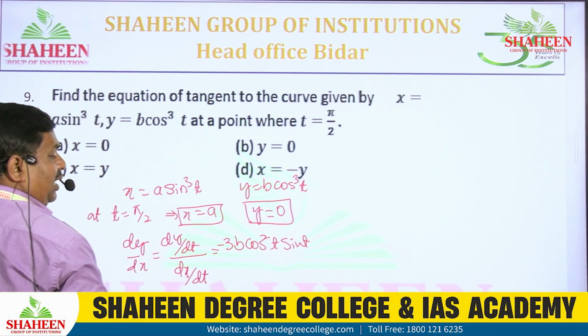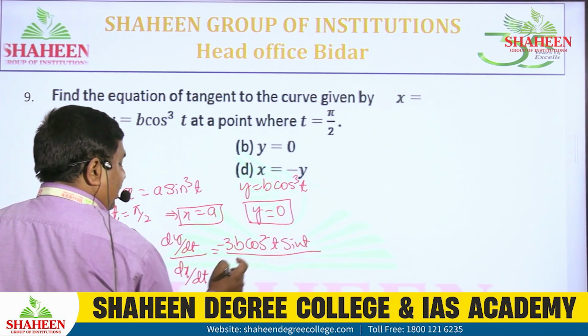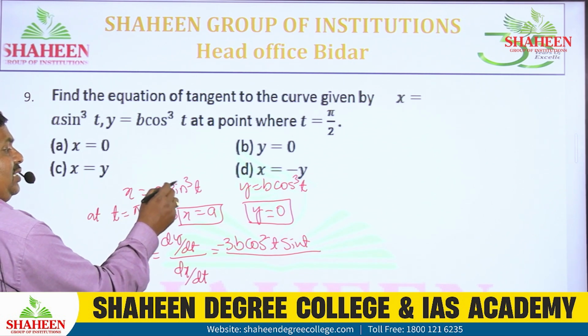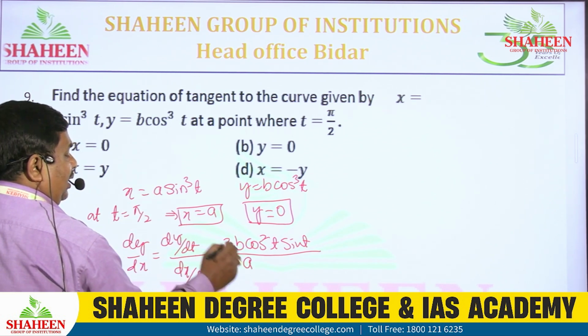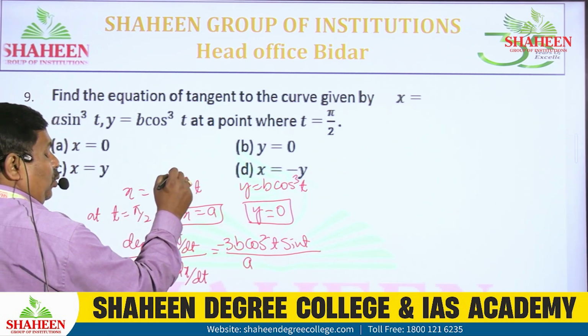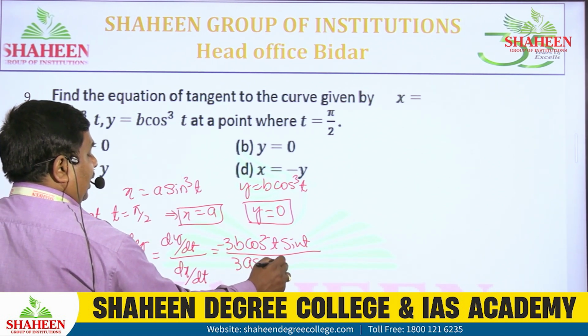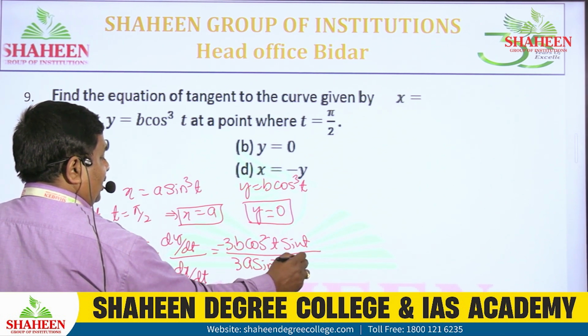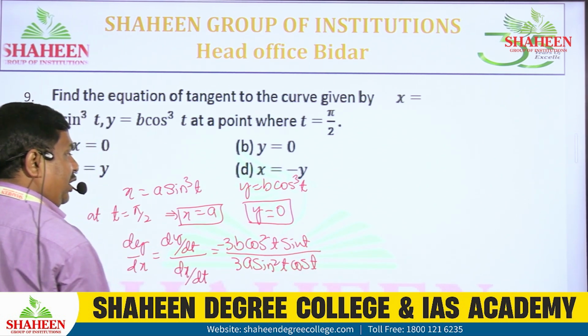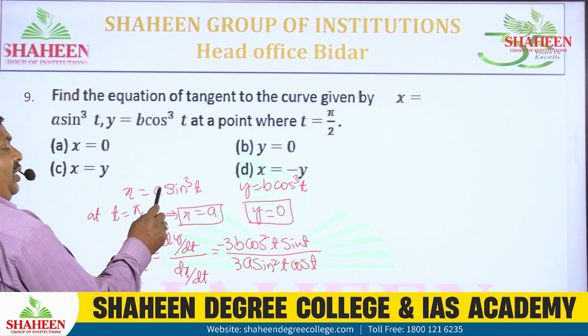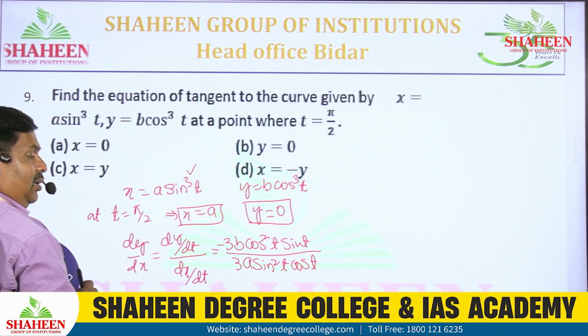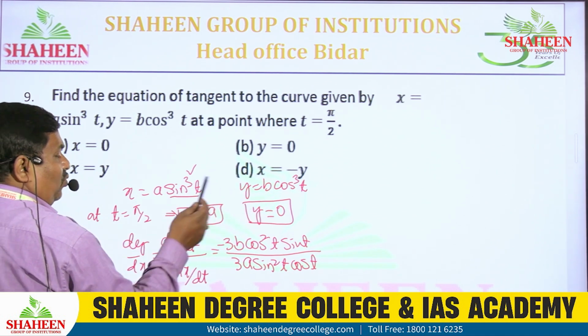This is dy by dt divided by dx by dt. Differentiating a sin cube t, I write a as it is, sin cube derivative is 3 sin square t, and sin t derivative is cos t. We applied the chain rule: first differentiating the power, then the base, in both x and y.